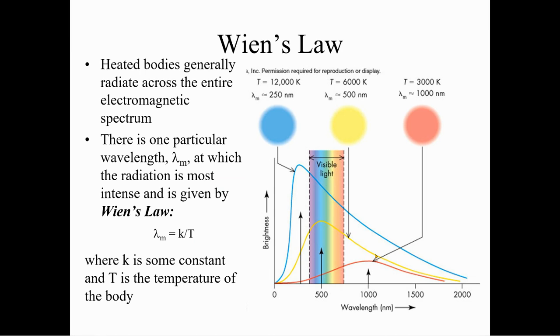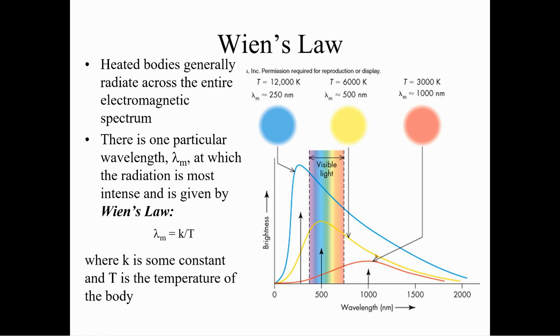Wien's law. And it uses the Kelvin scale. Heated bodies generally radiate across the entire electromagnetic spectrum. And before I go on to the next one, what we use Wien's law for is we can determine the temperature from an astronomical body's color and wavelength.